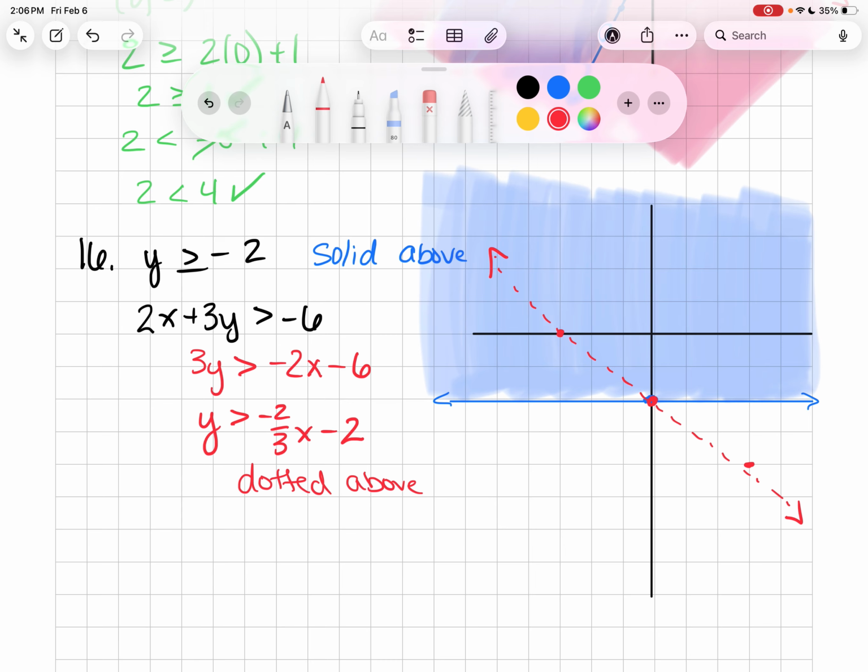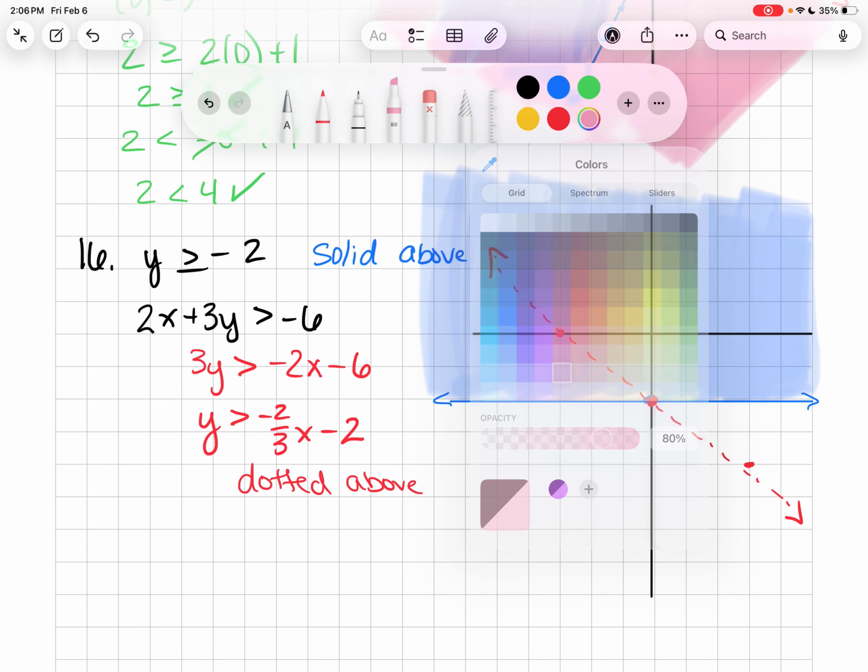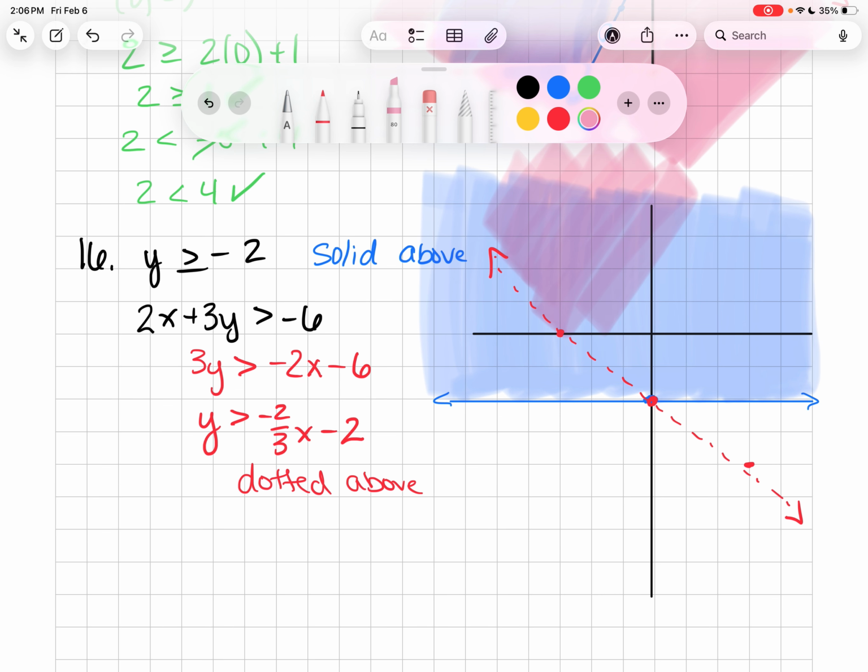Now, this one's also shaded above, so that means it's shaded up here. So my solution is up here.